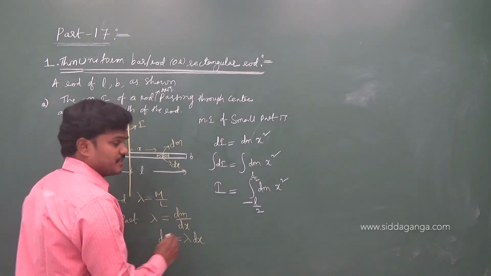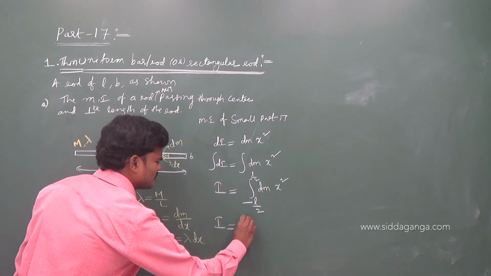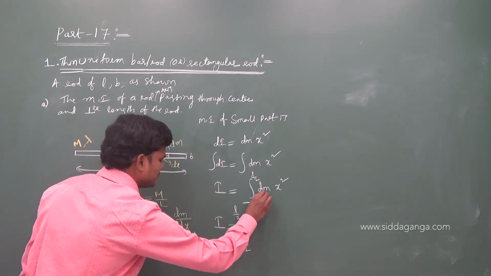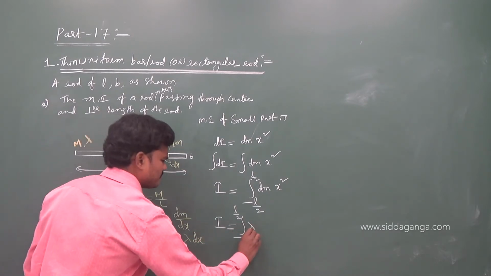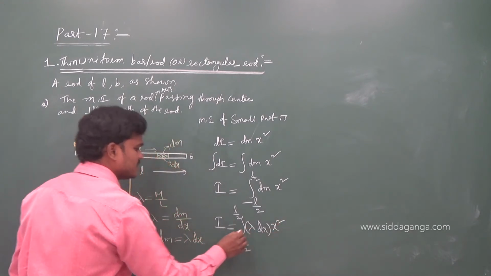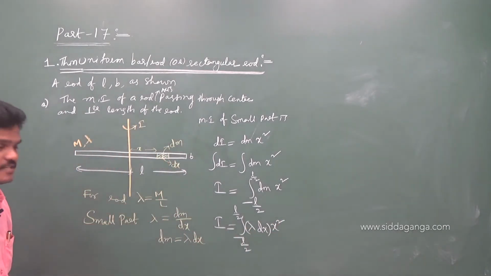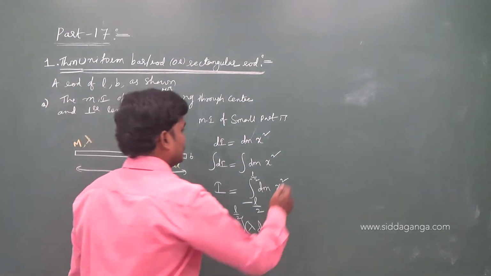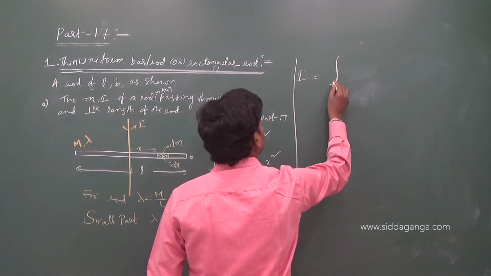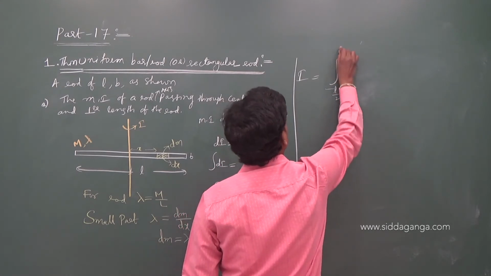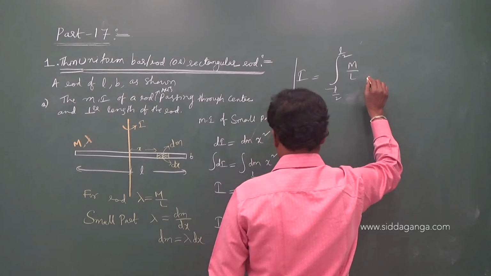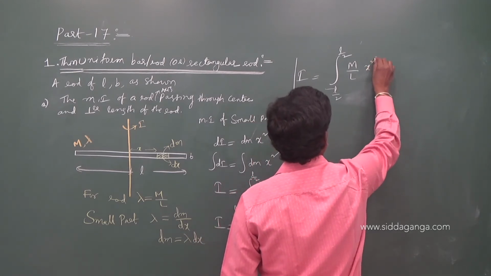Then the moment of inertia I is equal to the integration from minus L by 2 to plus L by 2 of dm, which is lambda dx, into x square. Lambda is a constant, lambda is m by L. So I is equal to the integration from minus L by 2 to plus L by 2 of m by L x square dx.